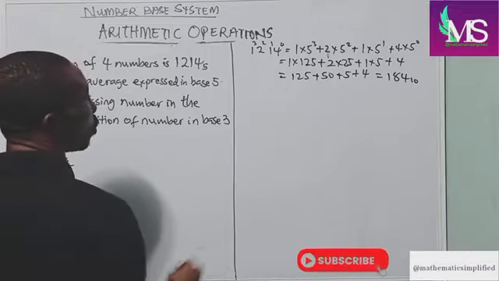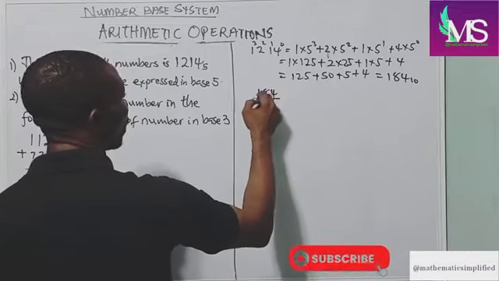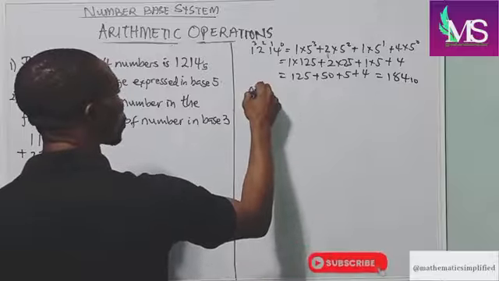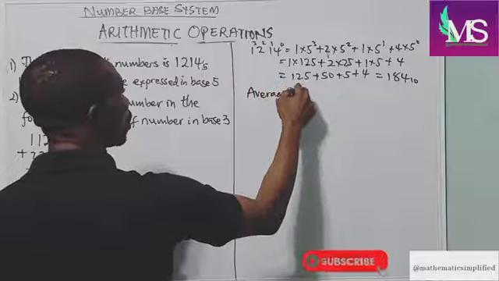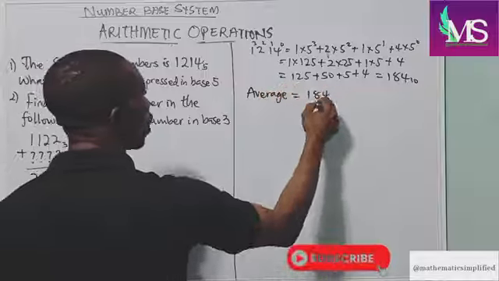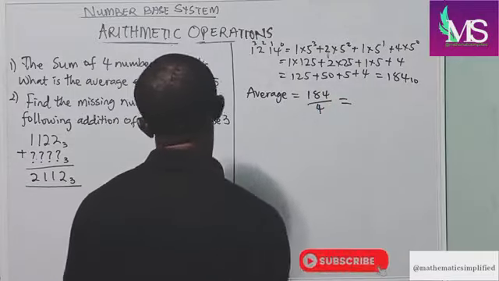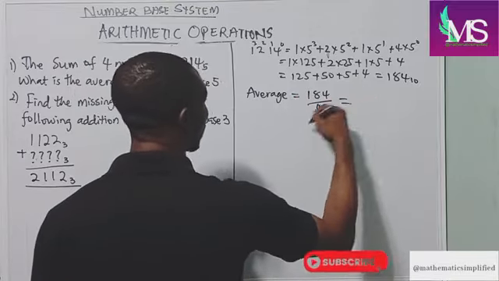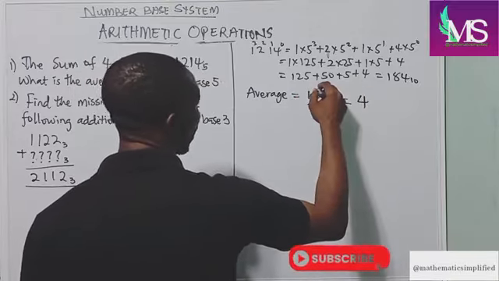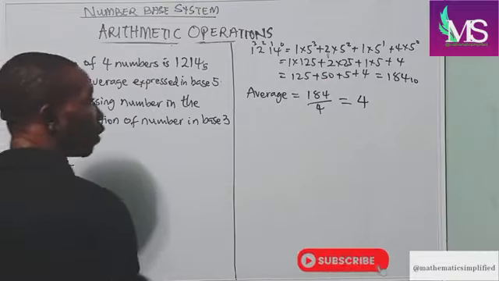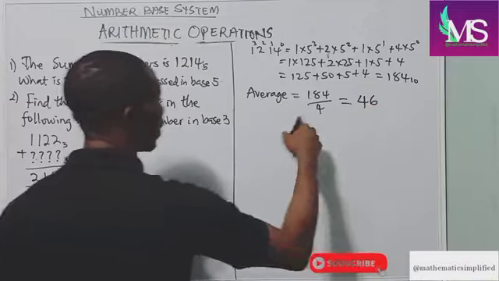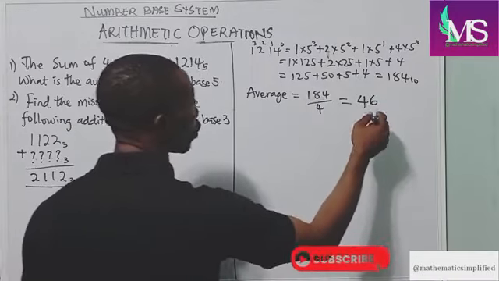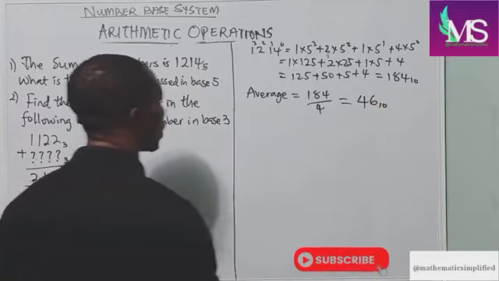Now the average equals 184 all over 4, which will give us 4 into 18 is 4, 4 times 4 is 16, remainder 2. So 4 into 24 will give us 6. So the average is 46 base 10.